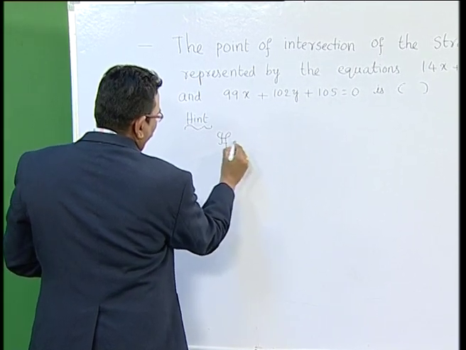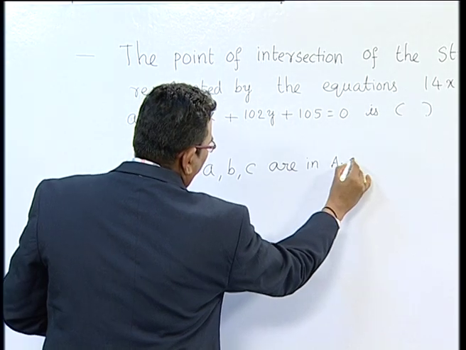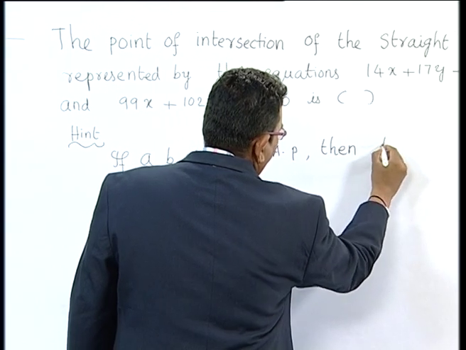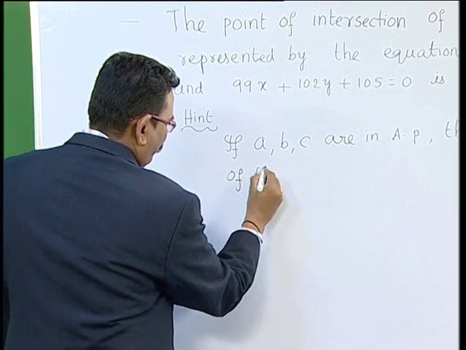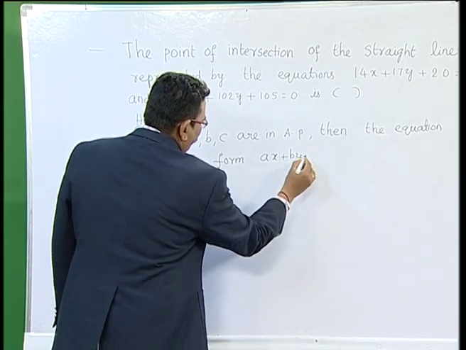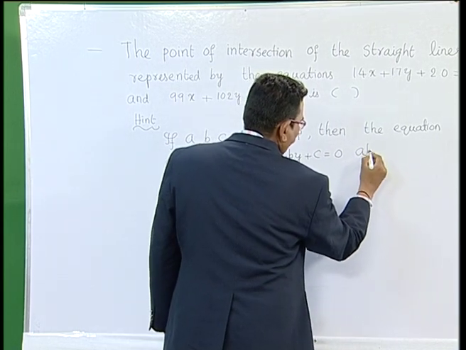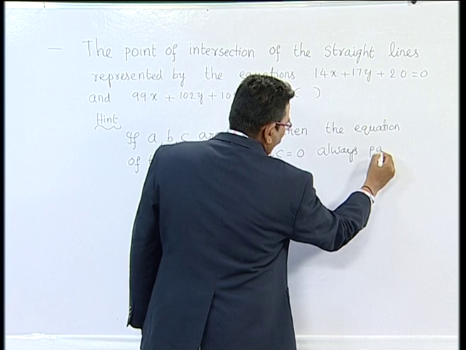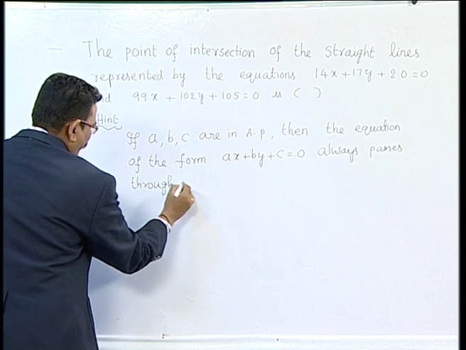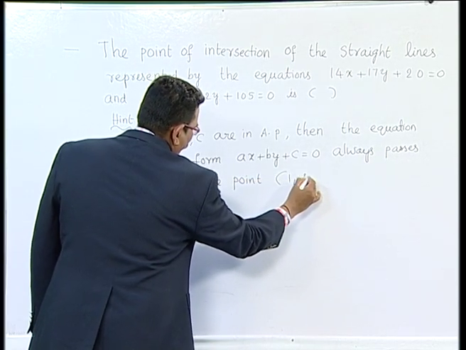If a, b, c are in arithmetic progression, then the equation of the form ax plus by plus c is equal to 0 always passes through the point (1, -2).